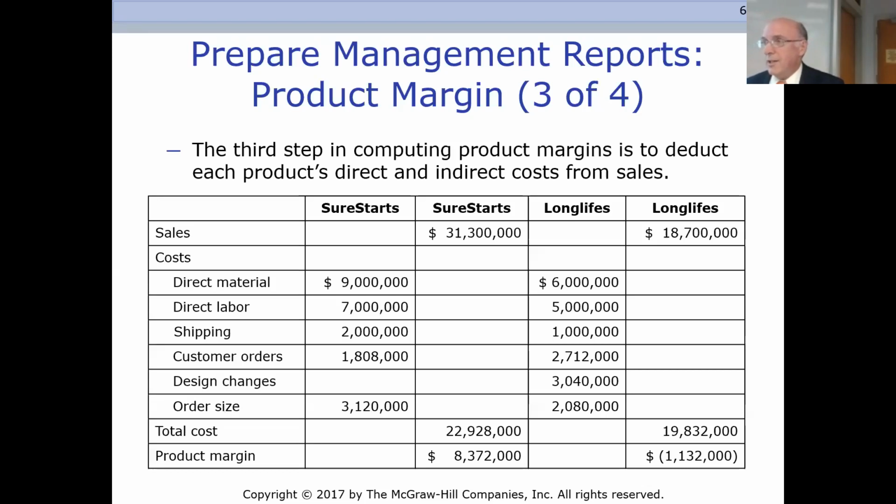If you're in the business, you'll probably know what is affected. People who buy Long Lifes buy other stuff that's profitable, and if you quit selling Long Lifes, they'll go someplace else where they can get everything under one roof. So there are other things to consider besides just the bottom line that's negative. Although you really should know what that number is, because if you don't, you're not going to be able to plan very well.